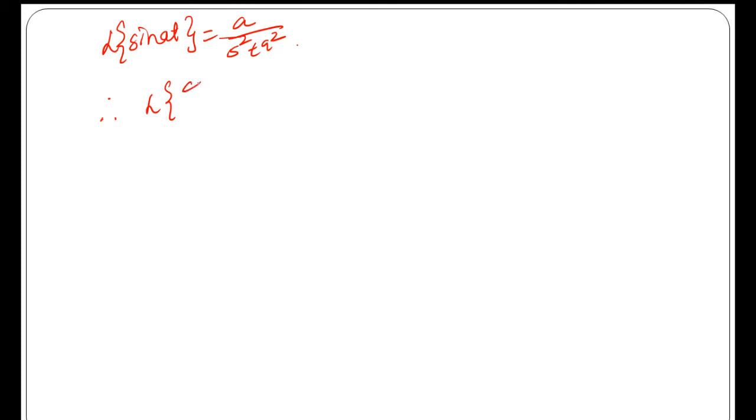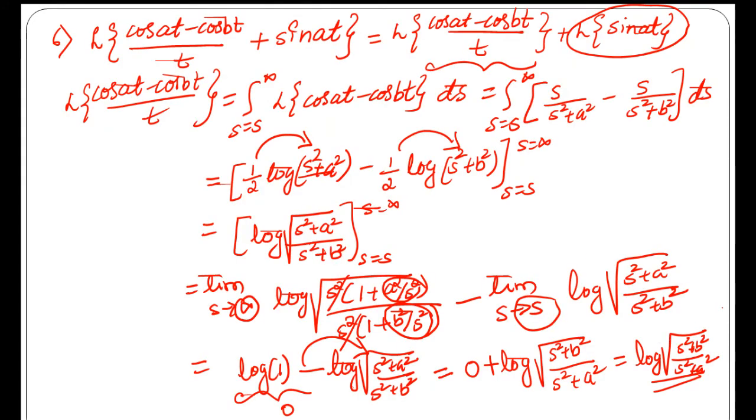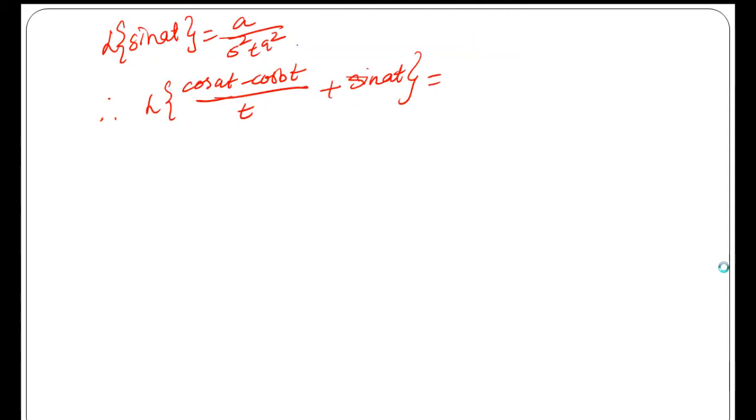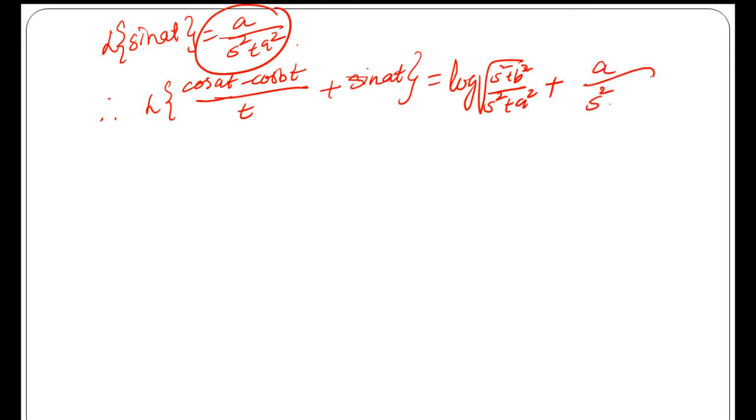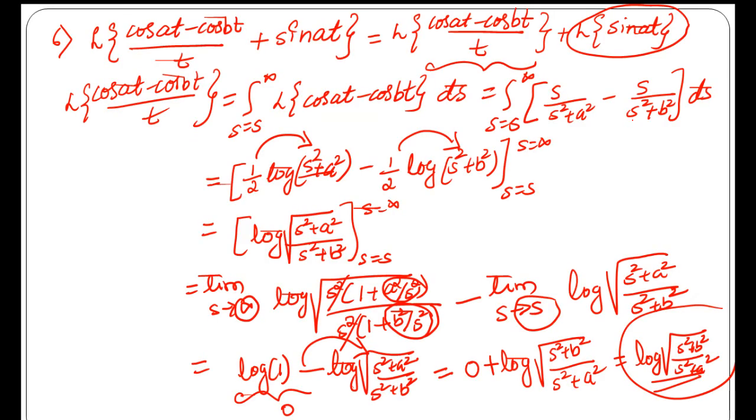Therefore, Laplace transform of cos at minus cos bt divided by t plus sine at is equal to, substitute the answers, log of root s square plus b square divided by s square plus a square, and the answer for the second term is a by s square plus a square. So this is the final answer for question number 6.